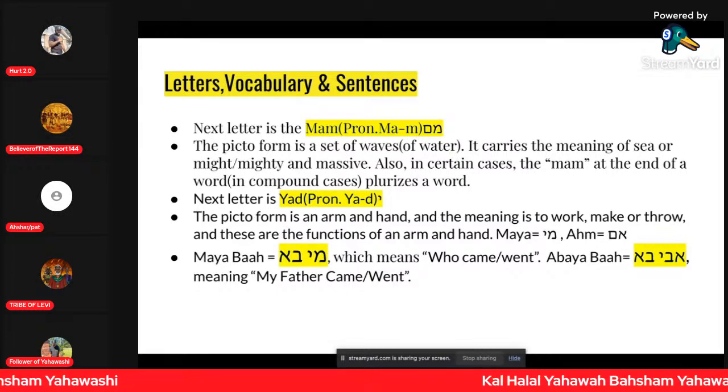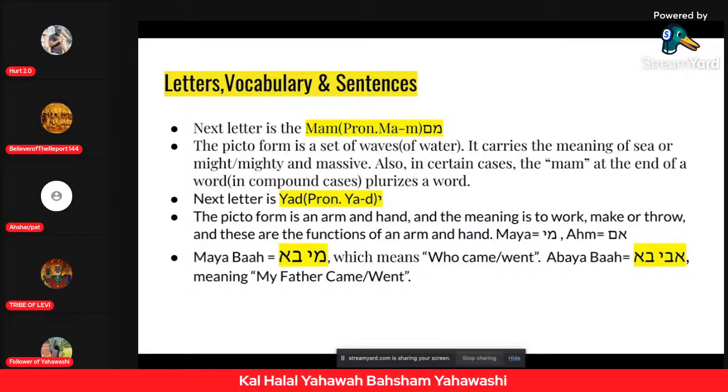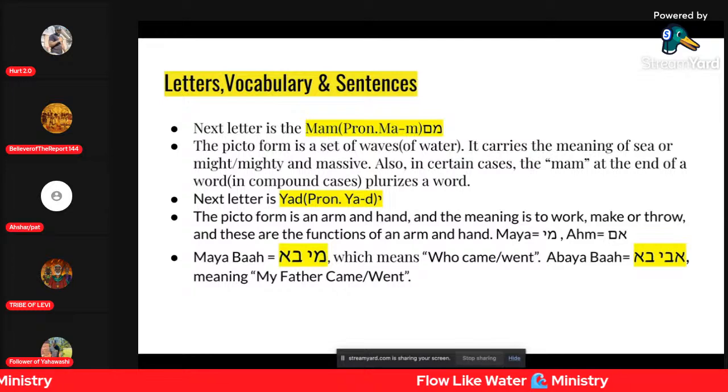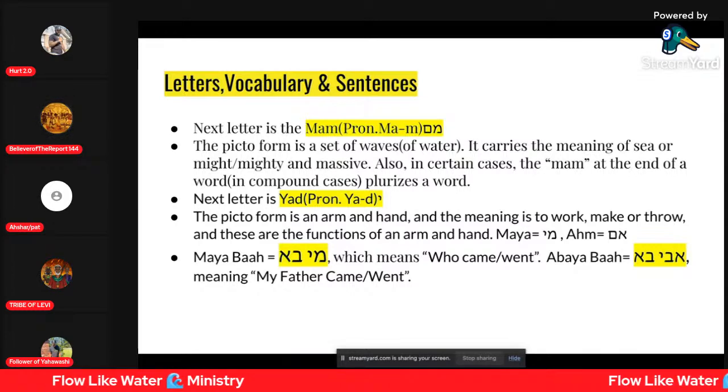So this is basically the same setup as the previous slide, just utilizing these two letters, which would be the mem and then the yod. The example sentence we have here is Maya ba'a, which means who came or who went.